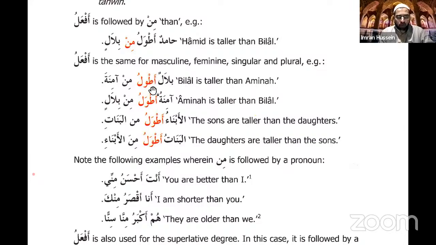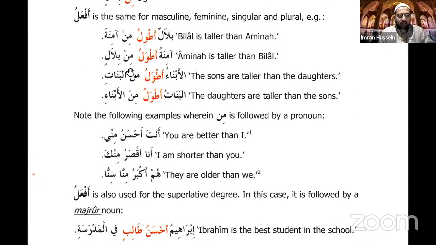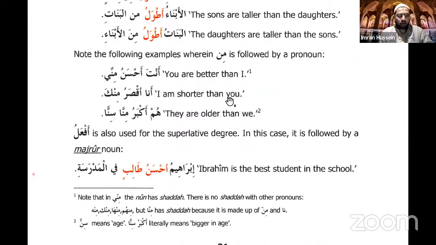So atwalu is used in all different forms of the nouns. This is the most important thing. And here, names are mentioned, but sometimes you can have a pronoun after min. So ahsanu minni. This is another way. Go ahead now, doctor.